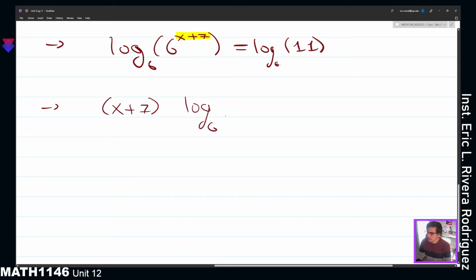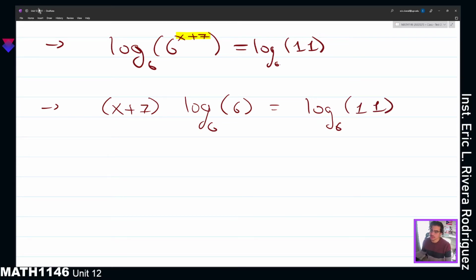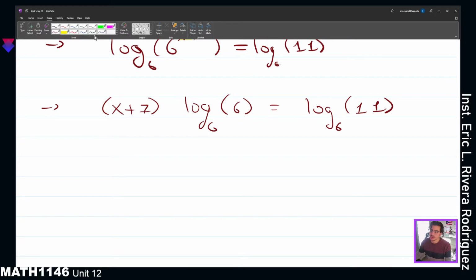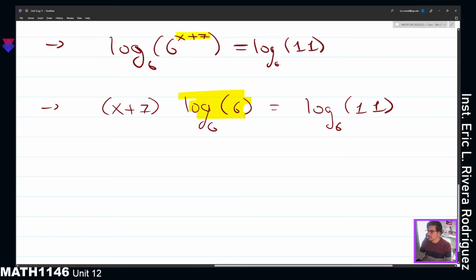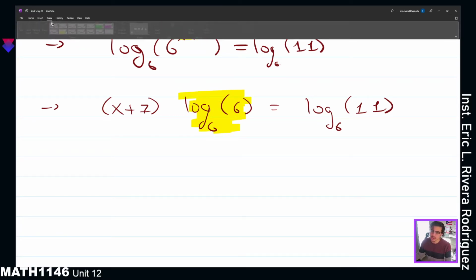But look what happened with this factor here. I want you to focus on log base 6 of 6. What is the value of that? What happened with that?